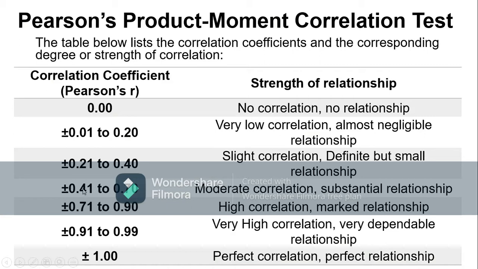Negative 0.21 to positive 0.40 is a slight correlation. Positive or negative 0.41 to 0.70 gives a moderate correlation, or a substantial relationship of the two data given. Positive or negative 0.71 to 0.90 would be a high correlation or high relationship of the two given data.